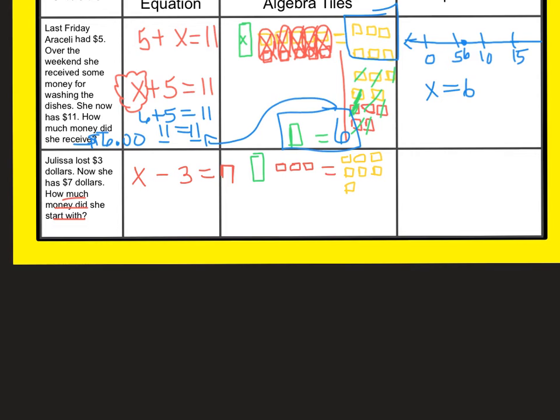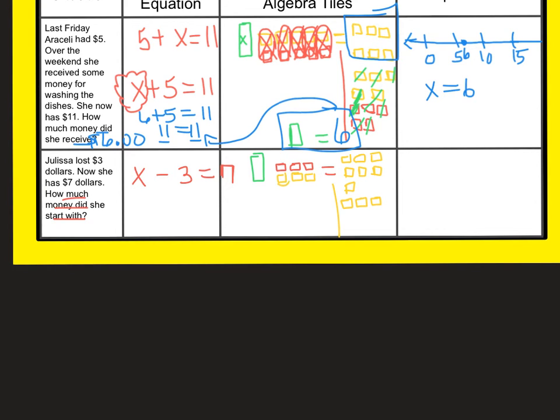All right, so in order for me to figure out how much money she started with, well, I'm going to have to do the inverse of minus 3 and make my 0 pairs by adding 3 to both sides. 1, 2, 3. And if I add 3 to one side, I must add 3 to the other side to make sure I keep my equation balanced.